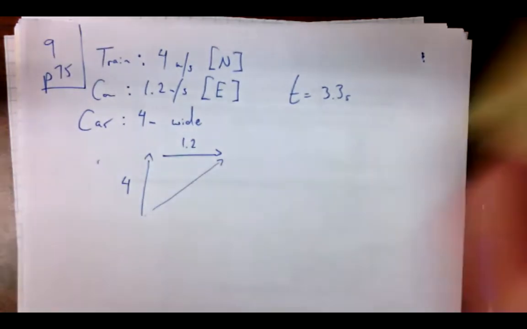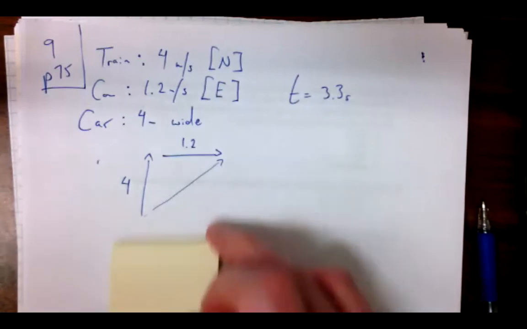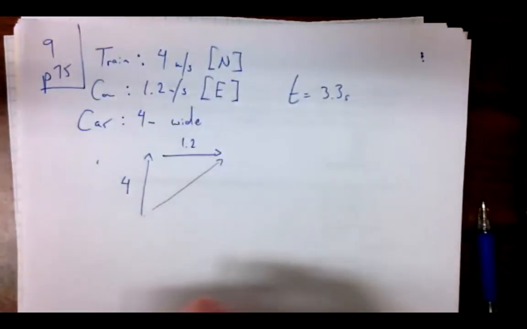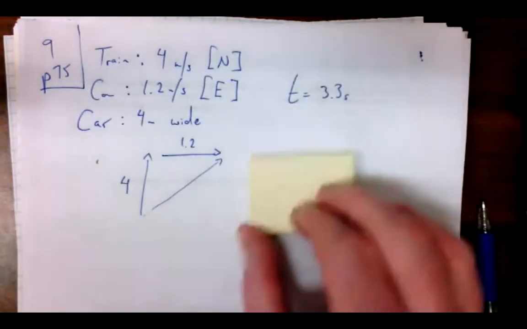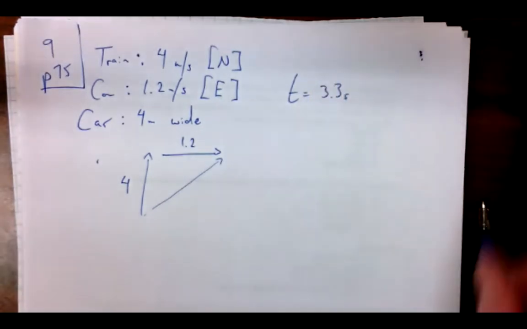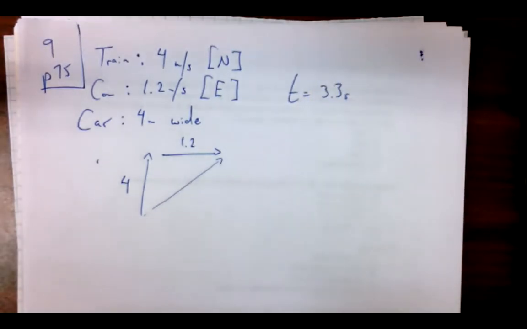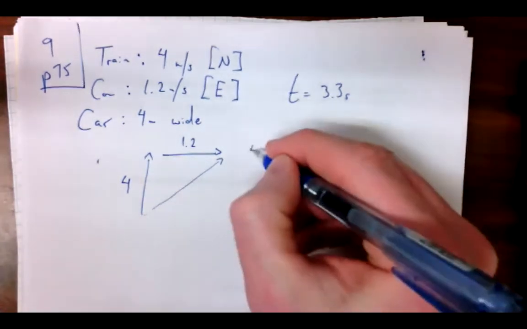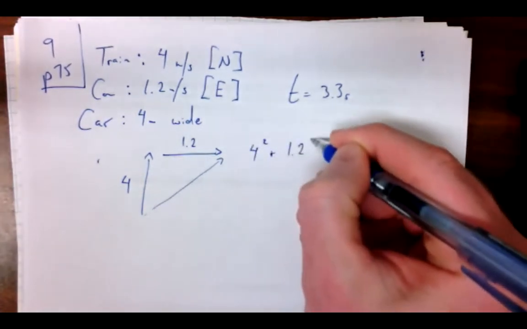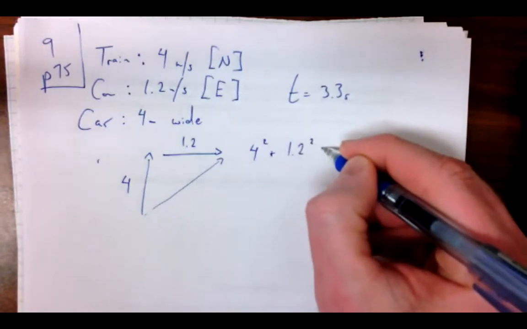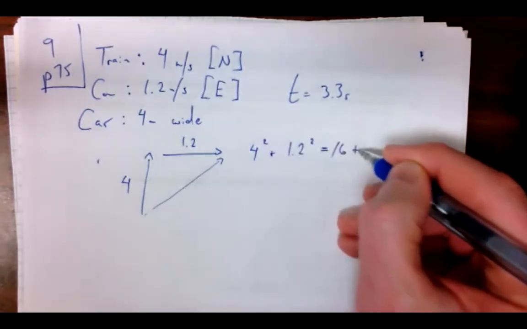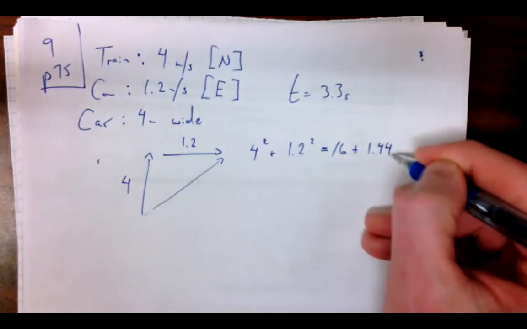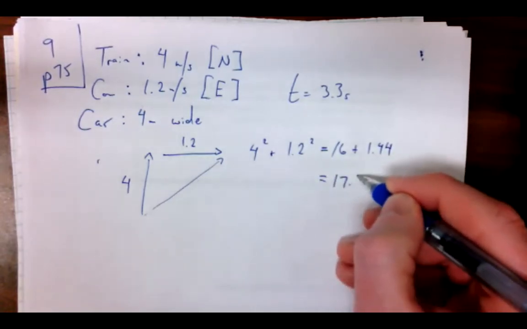The train's doing this, he's doing this, which means him relative to the ground is doing this. That part makes sense? 4 squared plus 1.2 squared equals 16 plus 1.44, which equals 17.44.